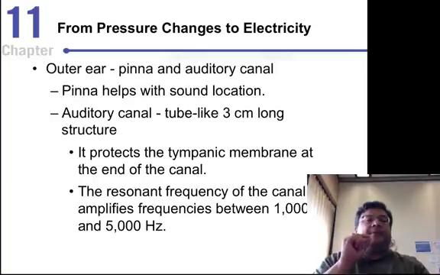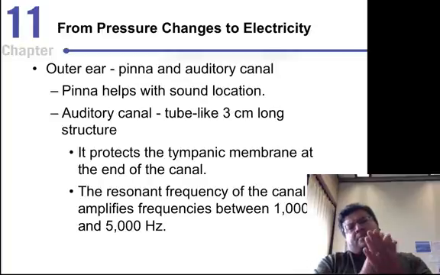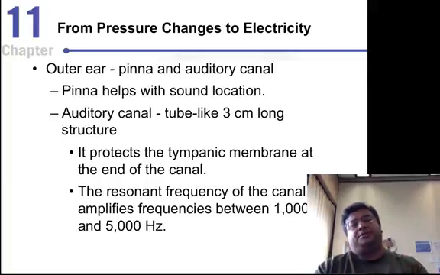We have the tympanic membrane buried 3 centimeters into our auditory canal to protect us. So the tympanic membrane is away from the outside world because it's very sensitive. Pretty much every physical thing, like a tube or a musical instrument, has what's called a resonant frequency.